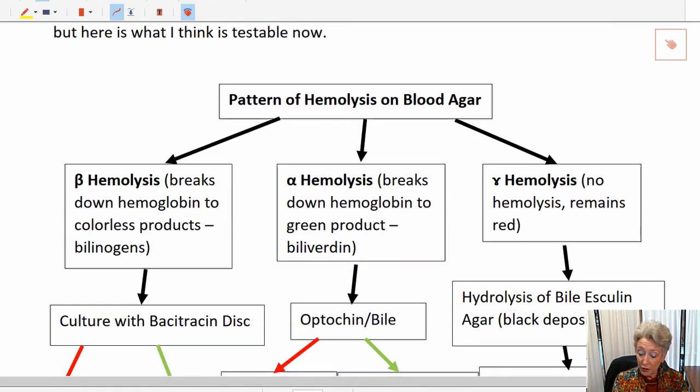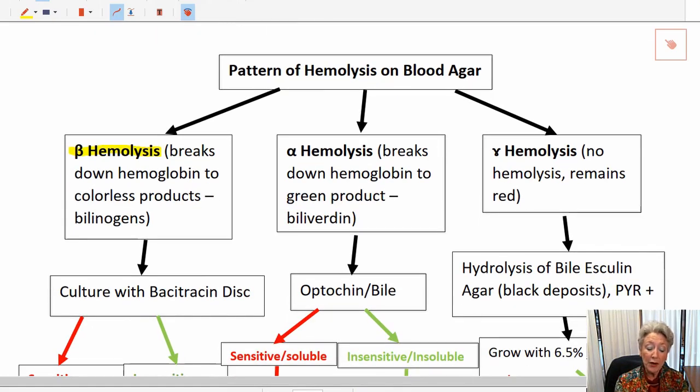So, looking first at the pattern of hemolysis, those who are beta hemolytic are the ones who will break down hemoglobin to a colorless product. And if you remember the hemoglobin degradation pathway, the bilinogens are the colorless products of hemoglobin degradation.